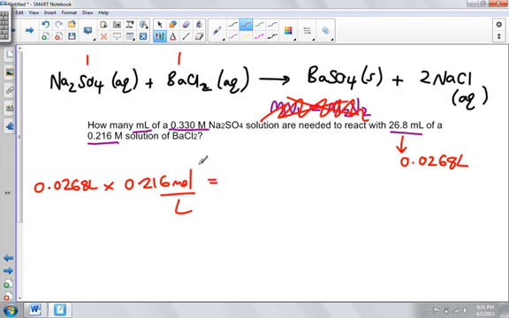And that gives us 5.789 times 10 to the negative 3 moles of barium chloride. Now, when you look at the balanced equation, you'll see that you have a 1:1 ratio here. So in this case, we have the same number of moles of sodium sulfate.